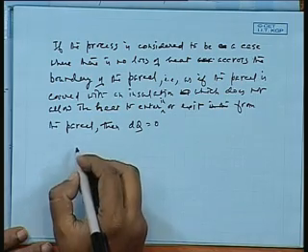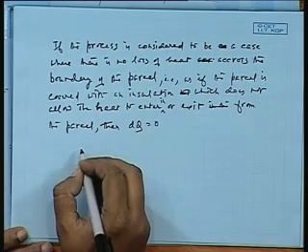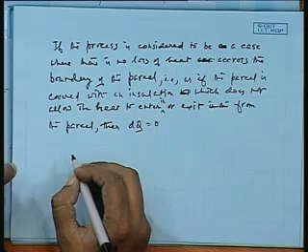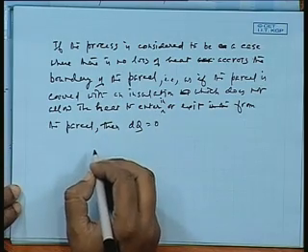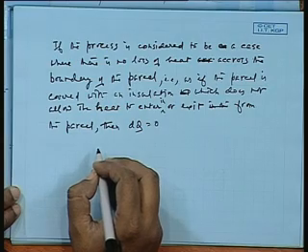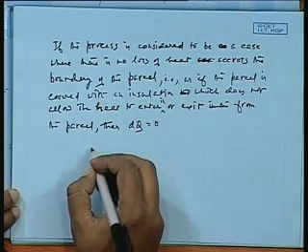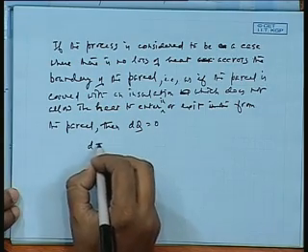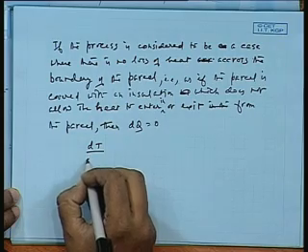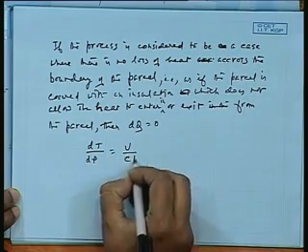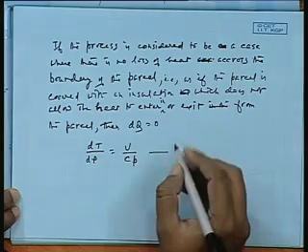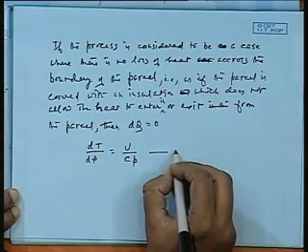If dq is equal to 0, we can very well write this equation, that is dq is equal to Cp dT minus v into dp, as dT by dp is equal to v by Cp. So, the top equation is 1, this one is 2.